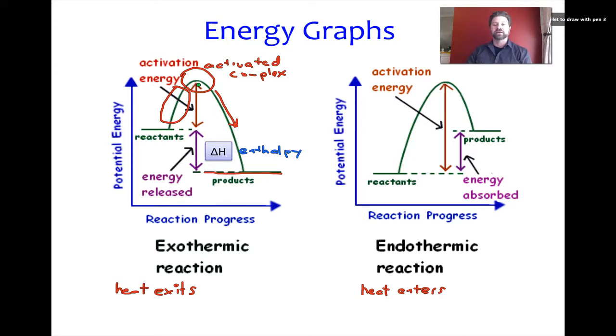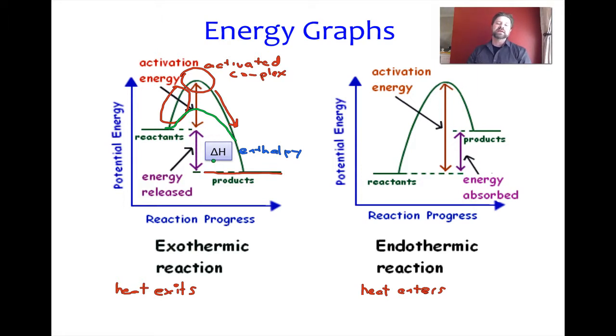So instead of climbing a hill this tall of energy required, maybe it's around this tall. So it lowers the amount of energy required to climb a hill, and because of that the reaction will go faster. You may have heard that catalysts cause reactions to speed up. Absolutely, it's because it's lowering the activation energy.